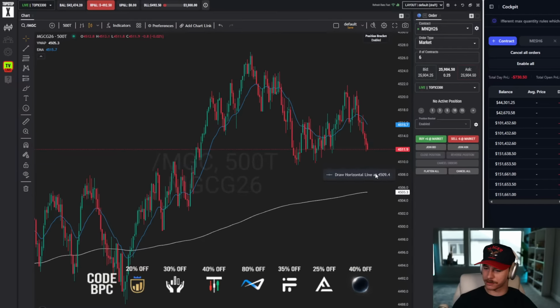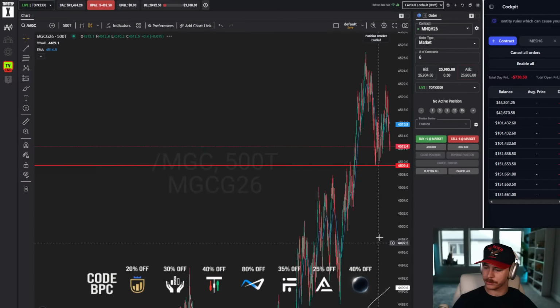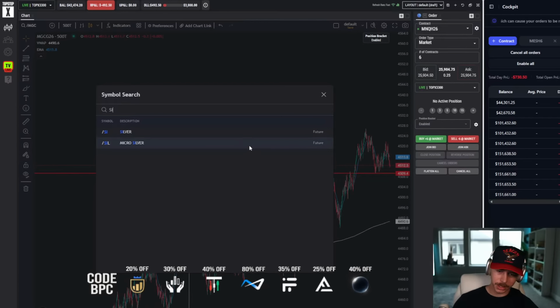Gold's trying to come down and test this 4509. What's silver doing? Have not looked.